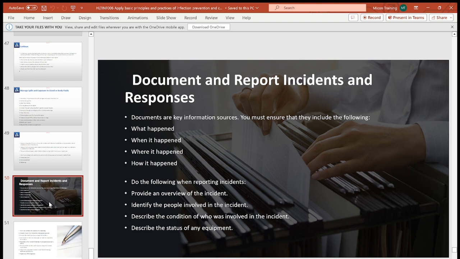Do the following when reporting incidents: provide an overview of the incident, identify the people involved in the incident, describe the condition of who was involved in the incident, and describe the situation of any equipment that was used.